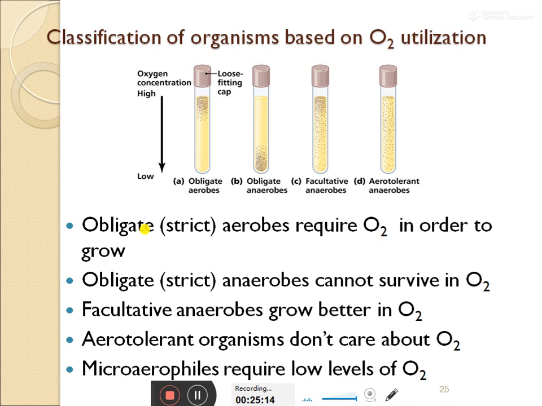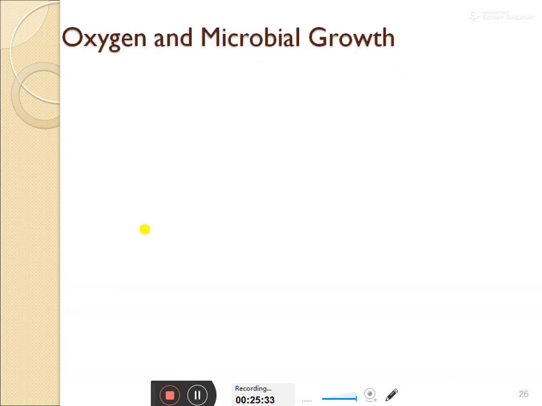Aerotolerant organisms do not care about oxygen, meaning they grow better in absence of oxygen, but if it is present they can survive. And the microaerophiles require a low level of oxygen.